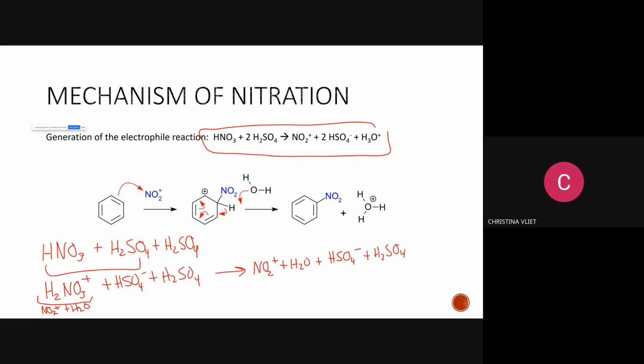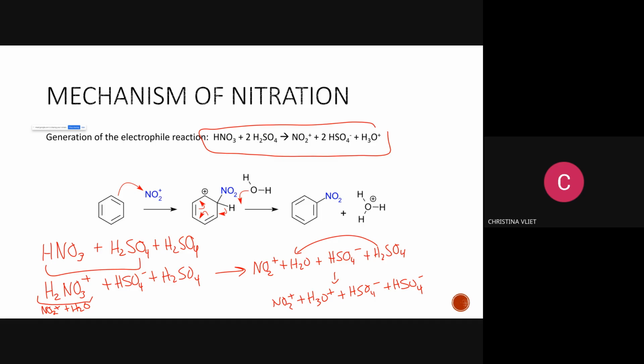This other sulfuric acid will give the water its H plus. So this will transfer here, and that gives us NO2 plus, H3O plus, HSO4 minus, plus HSO4 minus, which is what we have here. This is the process of how that happens.